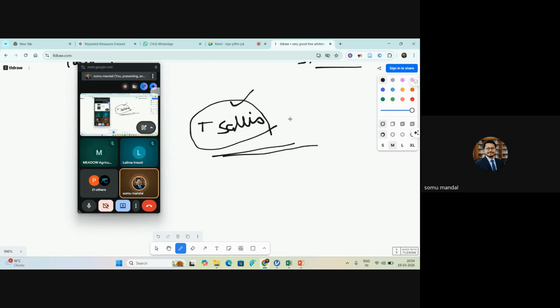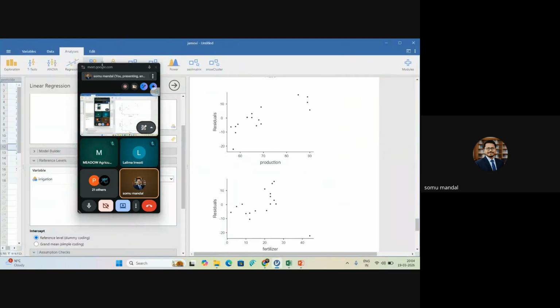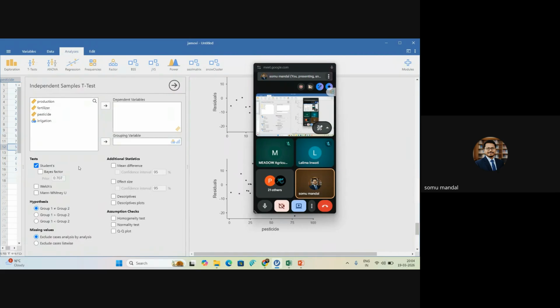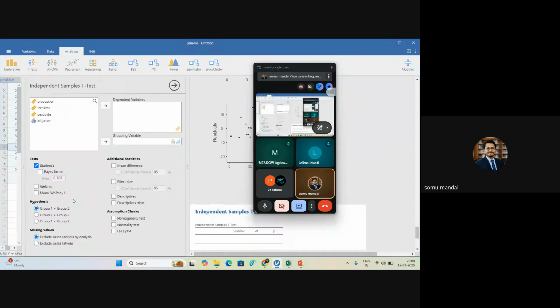So when the data set doesn't follow the normal distribution, and doesn't assume equal variance, you can consider it.